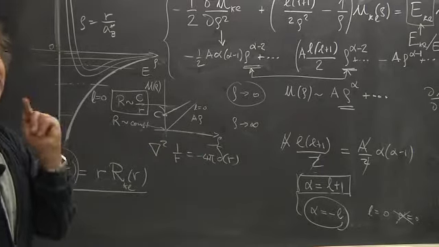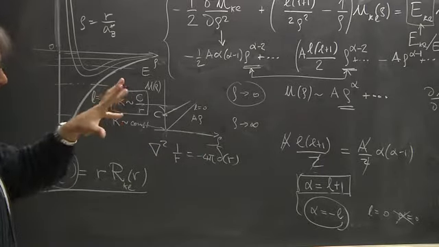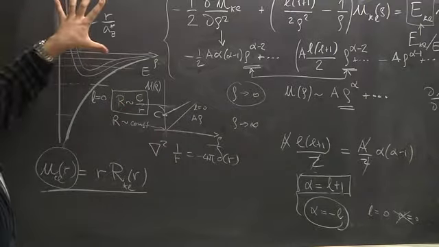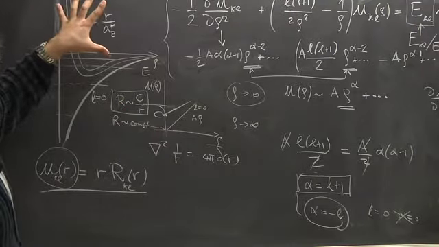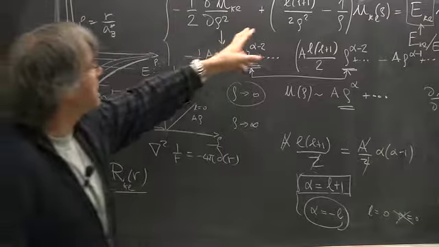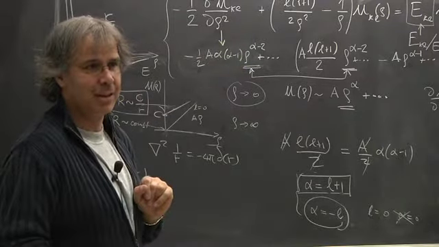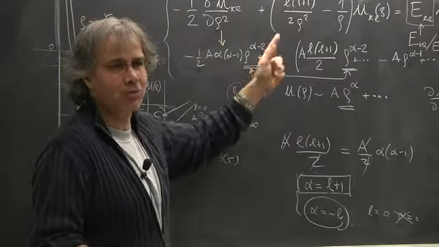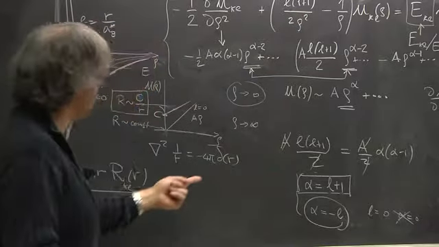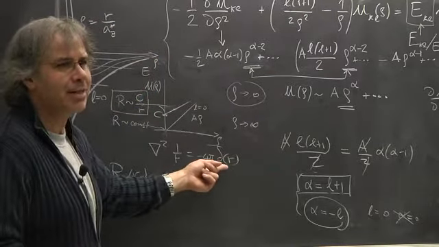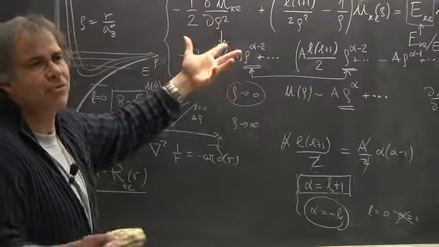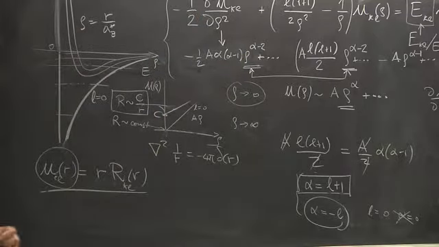And how can you eliminate a delta when you take the Laplacian? There is no possibility of getting rid of it because the potential has no delta. The potential is just 1 over r, but 1 over r is not able to eliminate this delta. So this delta would be there, and it would obviously not satisfy the Schrödinger equation.